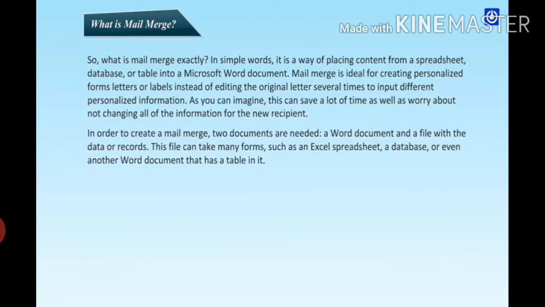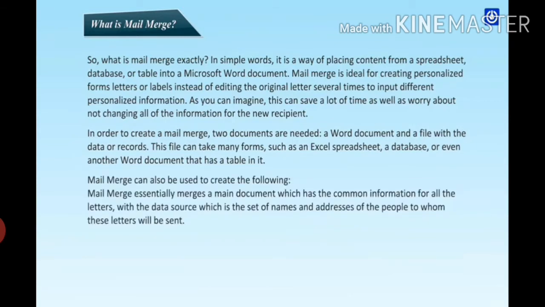This file can take many forms, such as an Excel spreadsheet, a database or even another Word document that has a table in it. Mail merge essentially merges a main document, which has common information for all the letters, with a data source, which is the set of names and addresses of the persons.